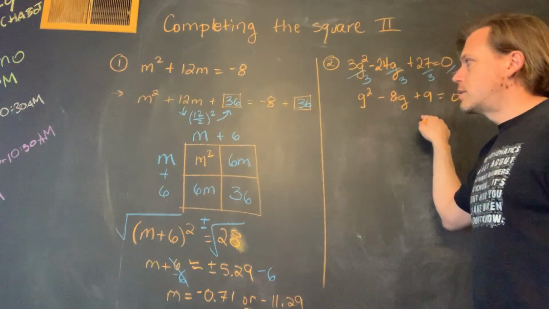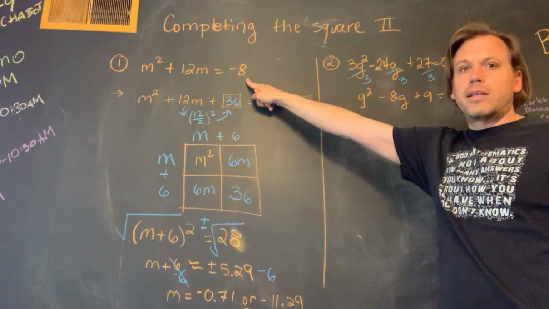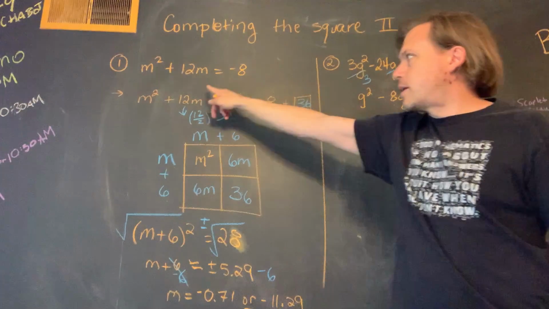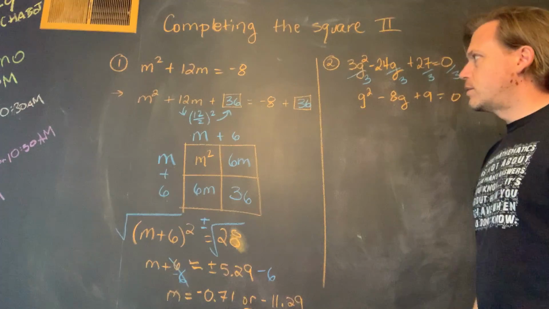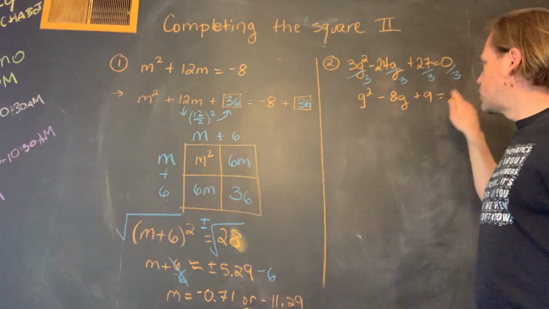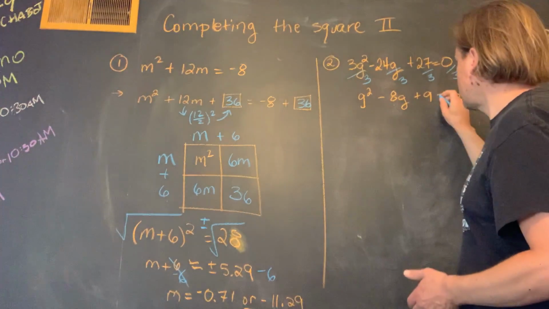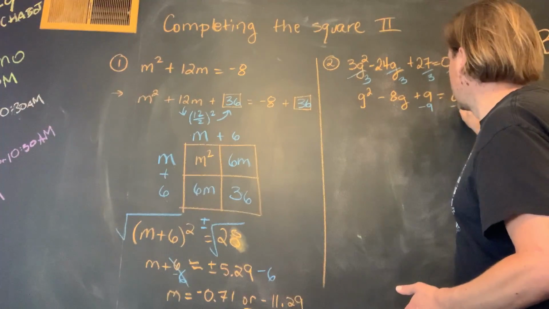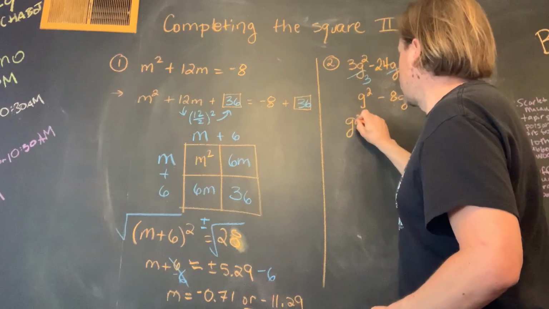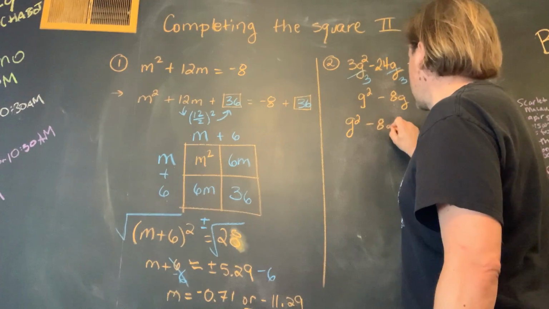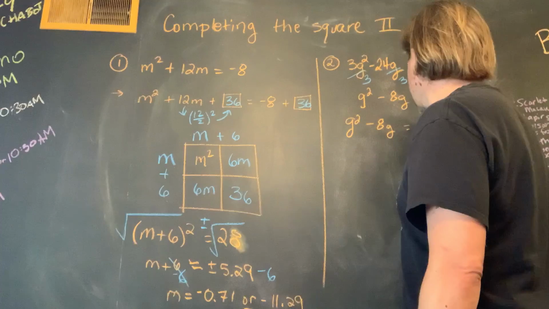I want to make this look like that over there. Over here what I had was the two terms with the variable on the left side, and then a negative 8 on the other side. I'm going to subtract the 9. So I do minus 9, and then I get g squared minus 8g equals negative 9.